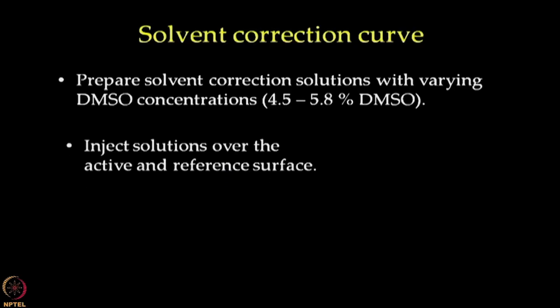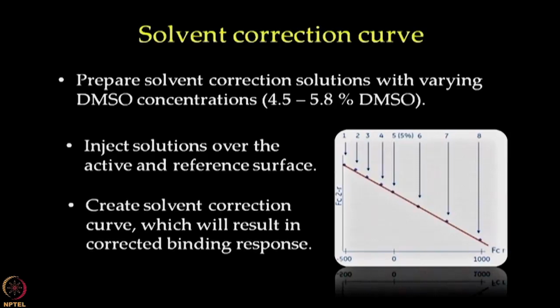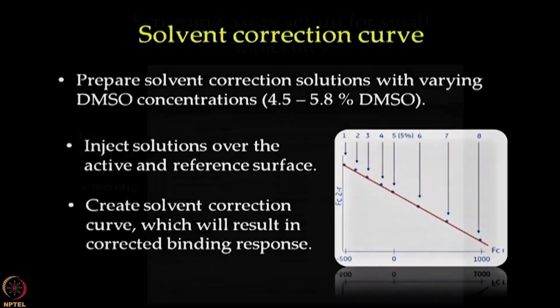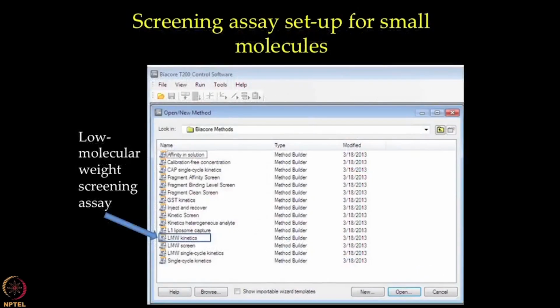We inject these solutions over the active and reference surface and then create a solvent correction curve, which will result in corrected binding responses. We will now move forward to set up the binding assay wizard to screen small molecules for binding to human serum albumin and carbonic anhydrase.